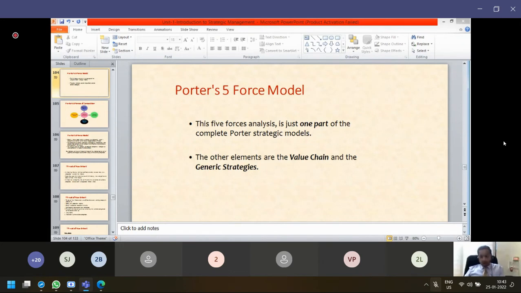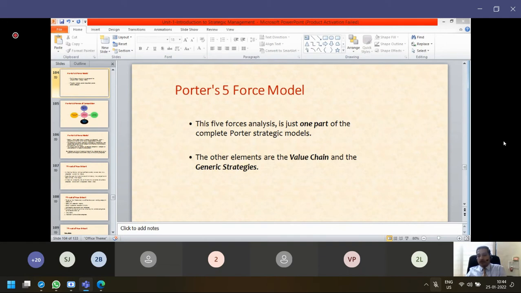Further, this 5 forces model which we are studying is one part of the complete Porter strategic model. Whatever different strategic models Porter has suggested, this 5 force model is only one part.